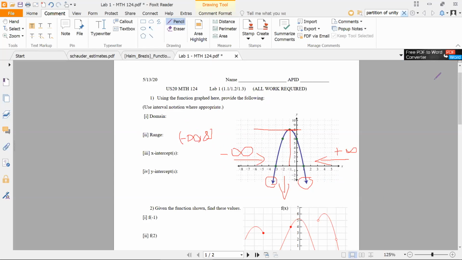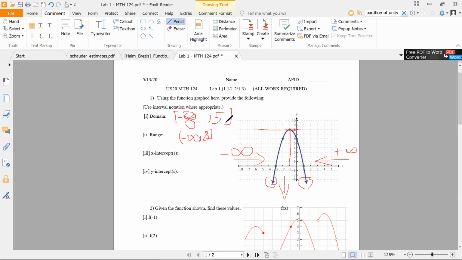Instead of negative infinity and positive infinity, you can say the domain is just from -8 to, I'm sorry, -8 to 5, because just looking at the graph, it will not show any information beyond that.